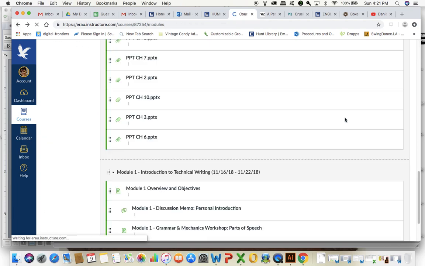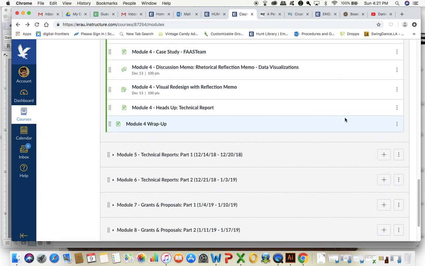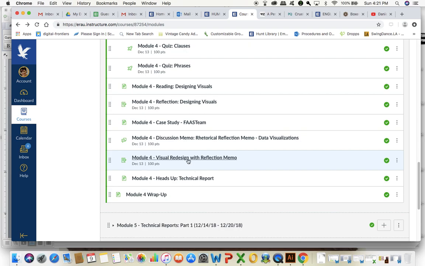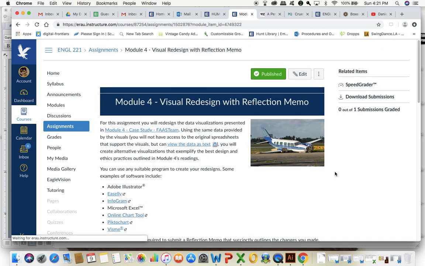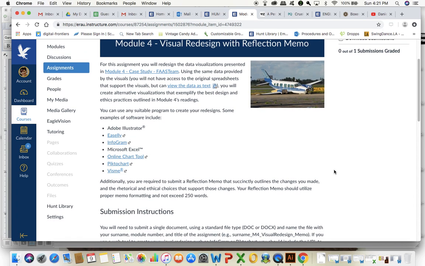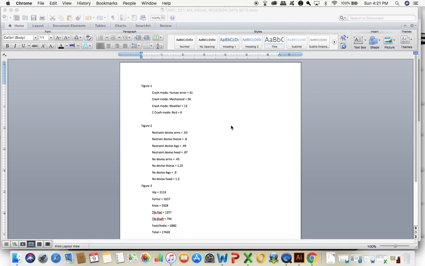And then the last assignment is the Viz redesign with a reflection memo. This one is probably the most complex assignment of this particular week. So again, you're going back to that case study, and it provides you the data as text, which looks like this.